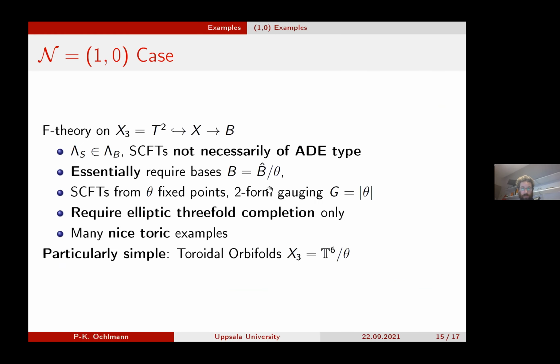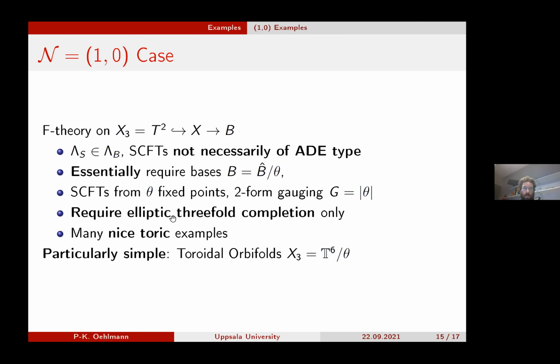6D theory. So then, of course, you can essentially do the same game for (1,0) theories, and the game is essentially the same. And of course you have many more possibilities. The SCFT lattice that you are choosing does not necessarily have to be of ADE type. You have non-Higgsable clusters, higher self-intersecting curves, many more possibilities.